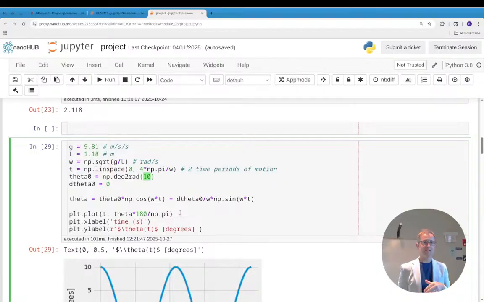Is 10 degrees good enough? Seems fine, right? How about 15? 30? 100? 100 seems big, yeah. 90, anything bigger than 90. So maybe 90? Is 90 our cutoff? 90 degrees.